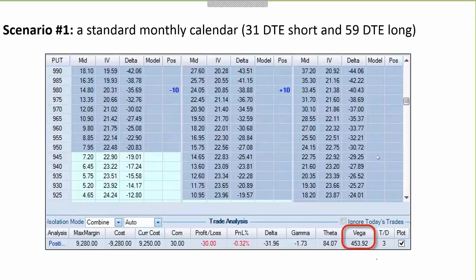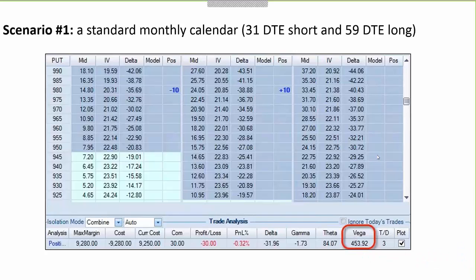So what that implies is that if we know that the IV is going to increase by 2.5 points, then we basically grab this number, we multiply that by 2.5, and that is the amount of money we're going to make from a volatility perspective. We may make more or less money depending on the delta movement, right, during that move. But from a Vega perspective, we basically should be making close to $1,000 over here, slightly over.